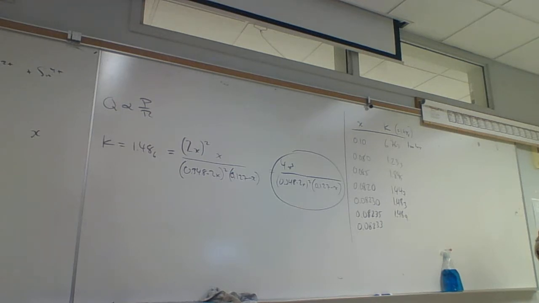And so I'm going to go 2 times 0.08233 equals that, square that, times parentheses 0.127 minus 0.08233, close parentheses, equals that, invert that, times 0.08233 cubed times 4.